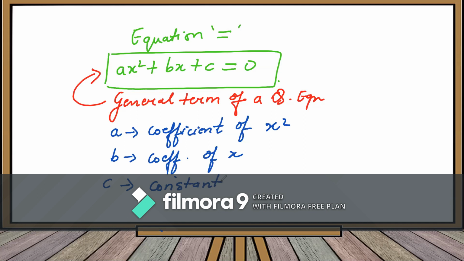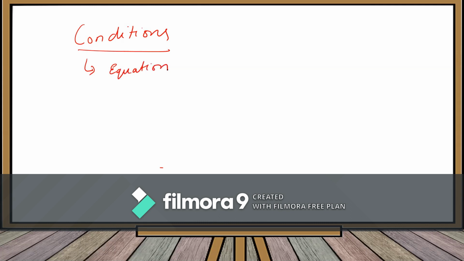Now, what are the conditions an equation should have for it to be a quadratic?